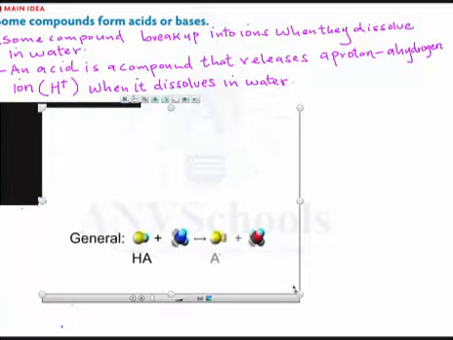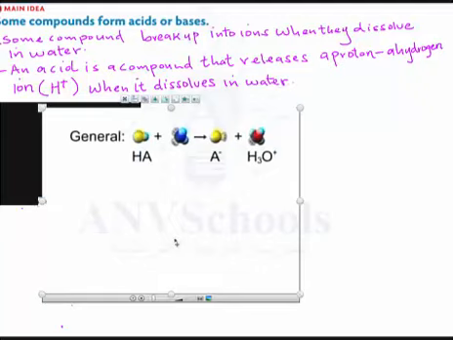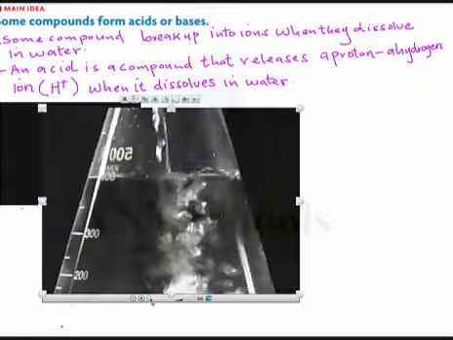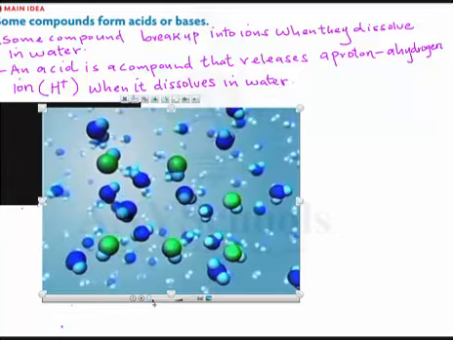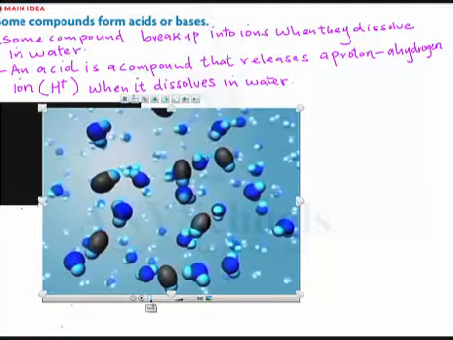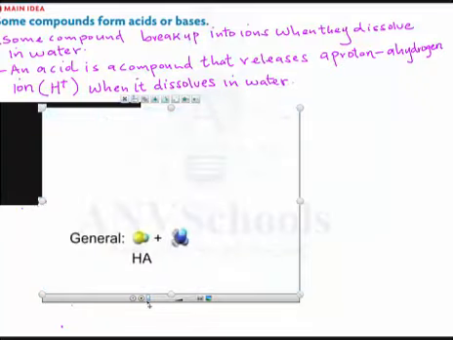Let's look at what happens here. So here we have this compound plus a molecule of water. So you have here an acid, where you have water, and you have another compound.